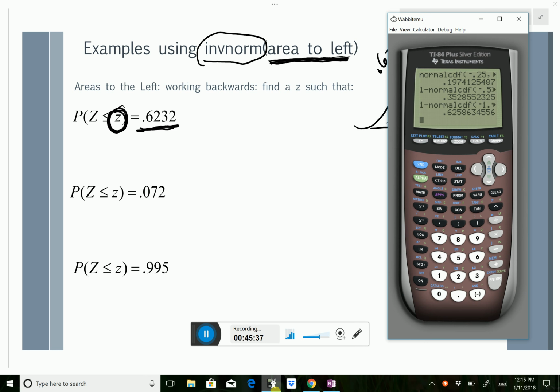So what we do is we use inverse norm. So we go second, and inverse norm is number 3. We tell it this area, 0.6232, and we still have mu and sigma, we're still in the standard normal, and 0.31, so z is 0.31.